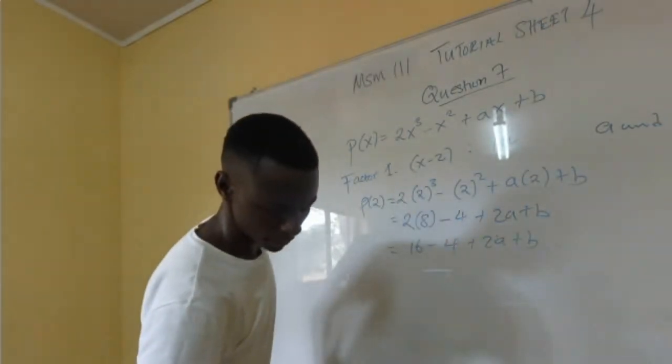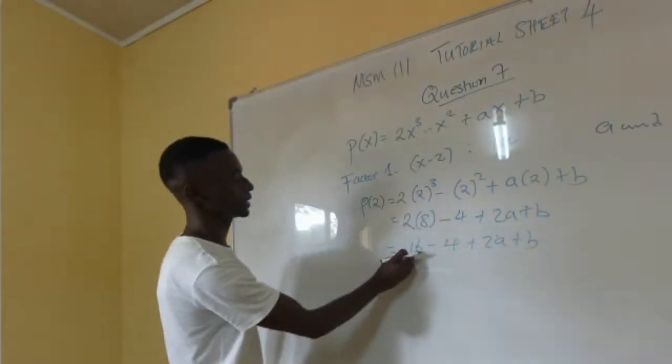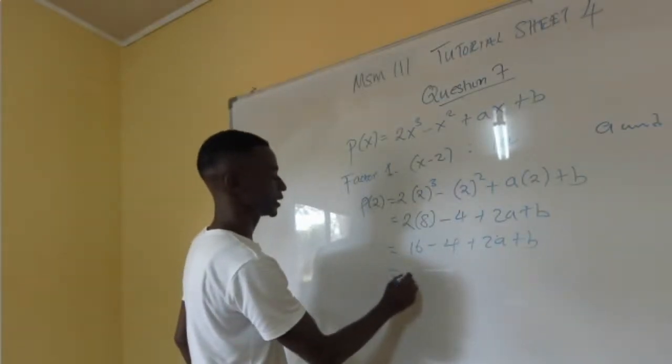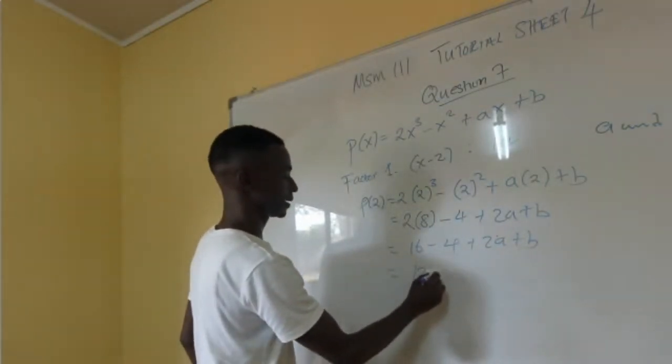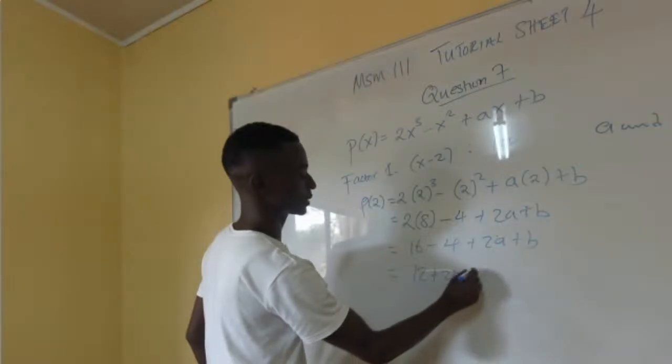So if you add, you say 16 minus 4 is 12. So we have 12 plus 2a plus b.